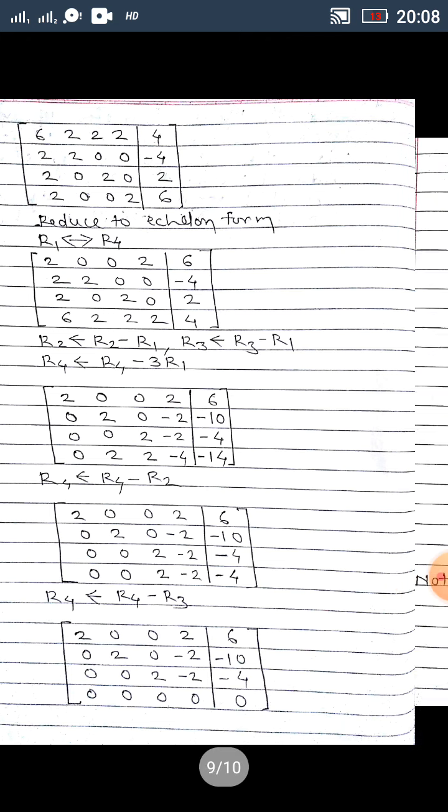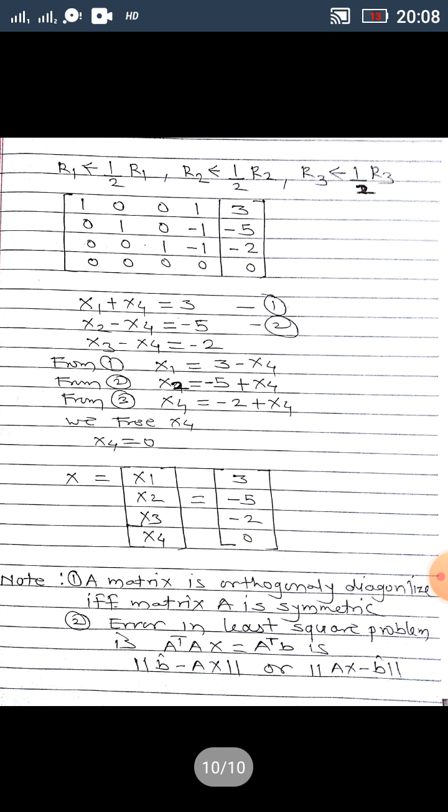Next, we multiply R1 by 1 by 2, R2 by 1 by 2, and R3 by 1 by 2. So the matrix gets converted to a new form: 1 0 0 1 3, 0 1 0 minus 1 minus 5, 0 0 1 minus 1 minus 2, 0 0 0 0 0.